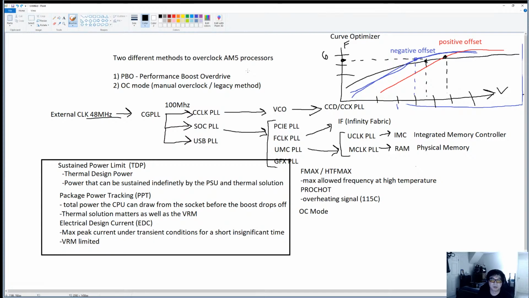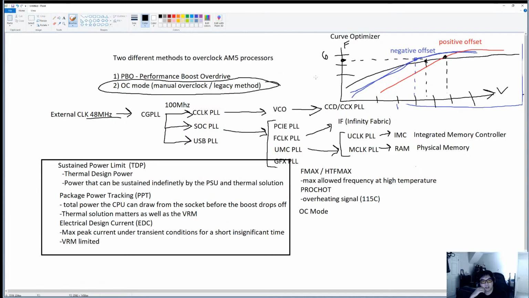So again, OC mode, it's kind of there, so I do want to touch on it briefly here at the end, just because it is something you should be aware of if you are looking at overclocking, even if you're a beginner, new to overclocking in general. I know it can sound like a very daunting task. There's a lot of acronyms here all over the whiteboard.